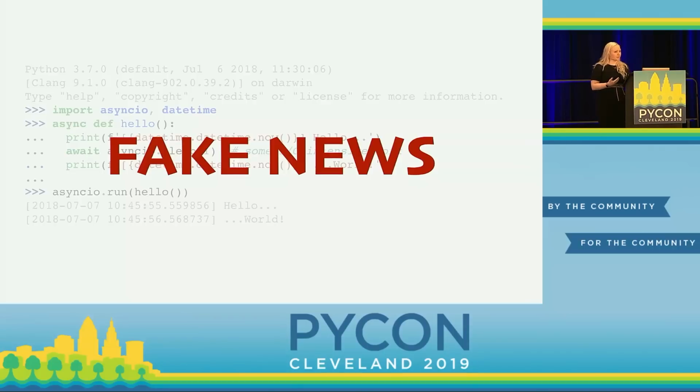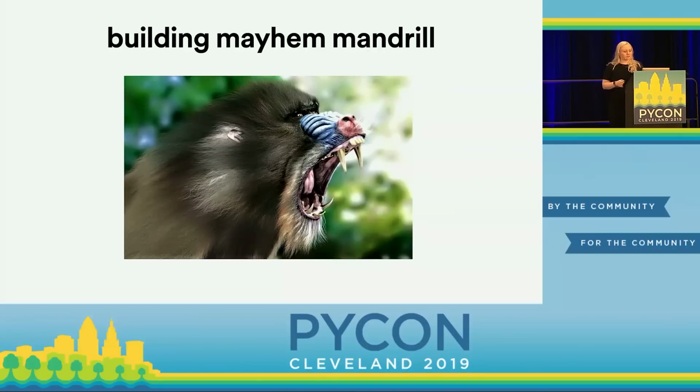So allow me to provide you with a real-world example that actually comes from the real world. Recently at Spotify, or actually a few years ago at Spotify, we built a service that does periodic hard restarts of our entire fleet of instances. And that's what we're going to do here. Has anyone heard of a Chaos Monkey? Yeah, all right. So we're going to build a service called Mayhem Mandrill.